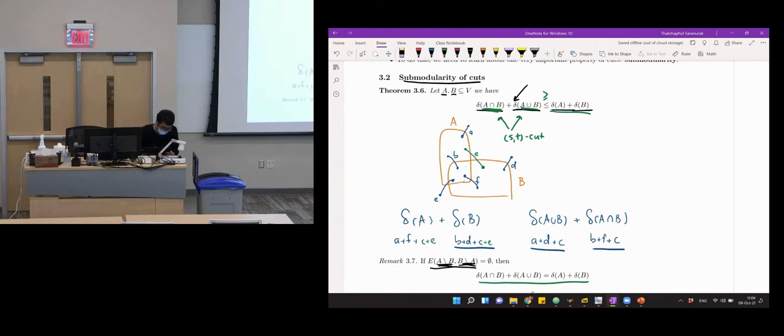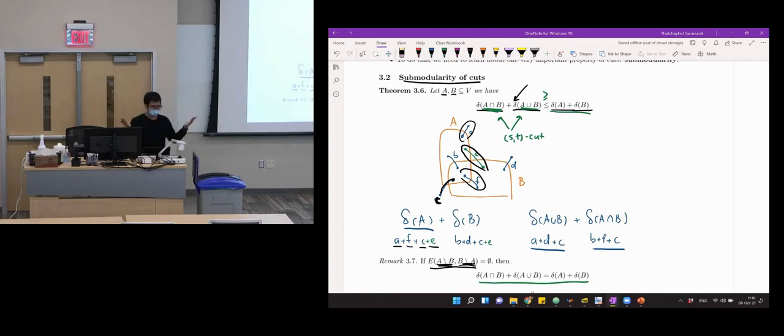For example, the cut size of A is just this part for A, and from here F, and this should be C, and from here to here, and then E here, right?